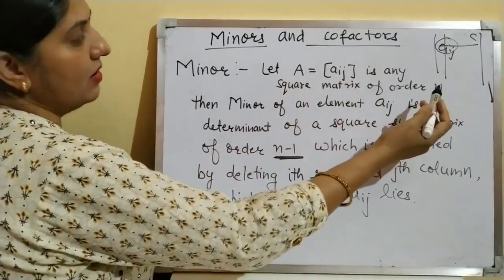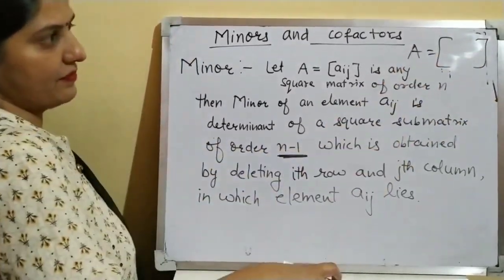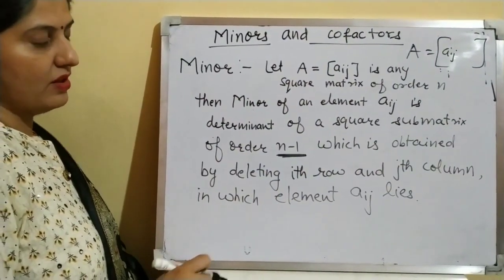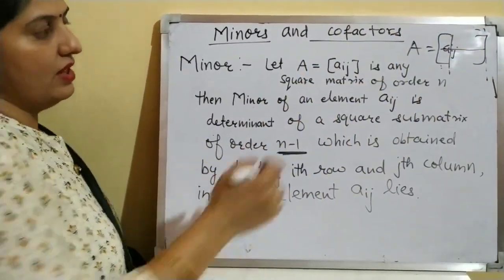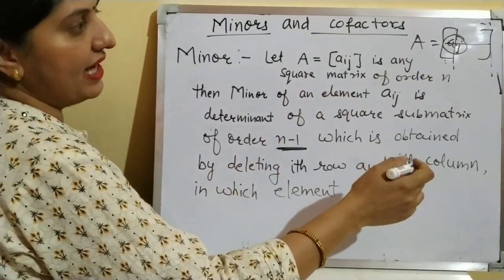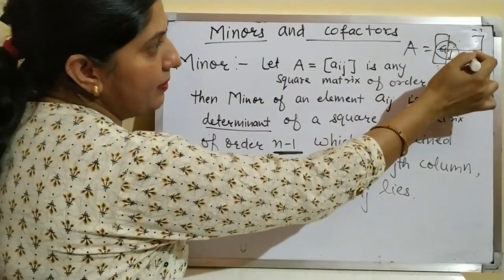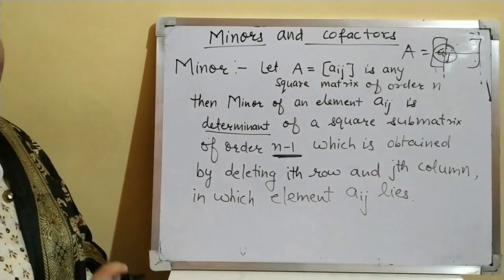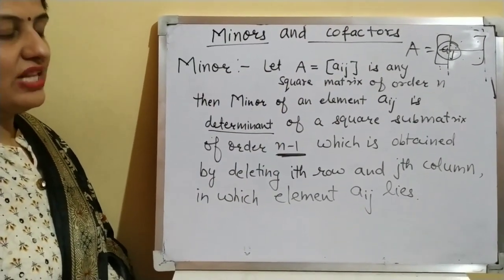Means we have any matrix A and we have to find the minor of any element Aij. Now we just delete the ith row and jth column in which the element Aij lies. We find the determinant of the submatrix obtained from the remaining entries, and in this way we get the minor of the element Aij. We can discuss it with the help of an example.